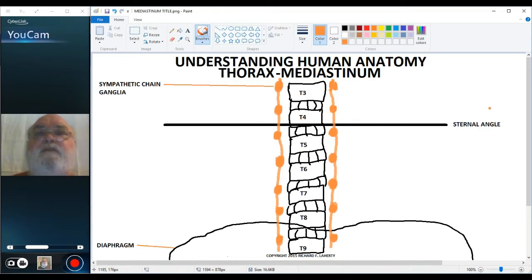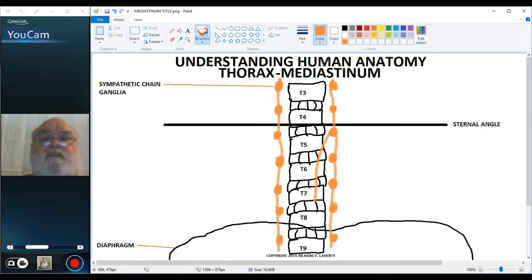Okay, so there's the sympathetic chain. Now we'll see, coming from the sympathetic chain, some nerves that are passing down into the abdomen.